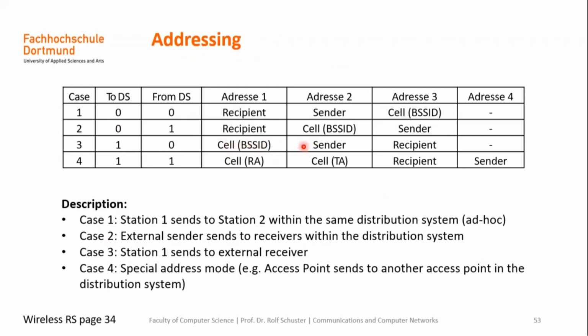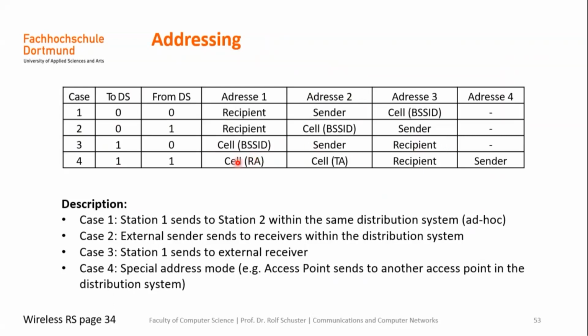But the objective is that that frame is designated to this MAC address, this recipient MAC address. Remember that in an infrastructure mode, the communication between the stations is always via the access point.